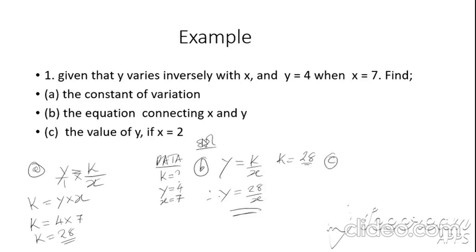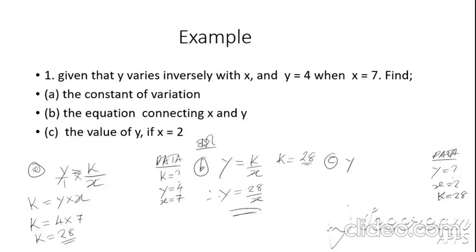Then let's do c. So c is asking us to find the value of y if x is equal to 2. So let's come up with our data here. What have we been given, and what do they want? They want y, which we don't know, and then our x is equal to 2 according to the equation, and then our k is 28, like that. So let's use the same expression we came up with at first.